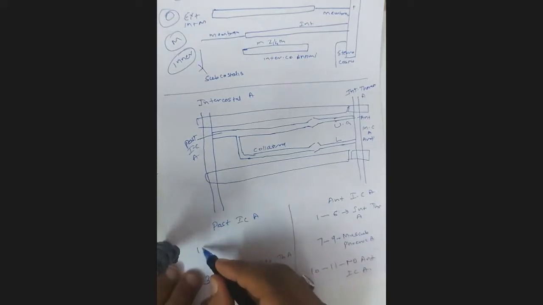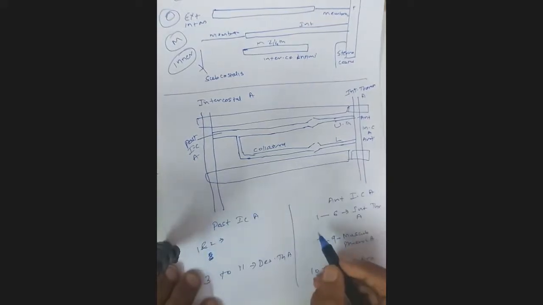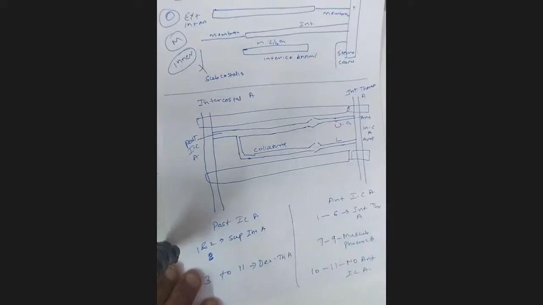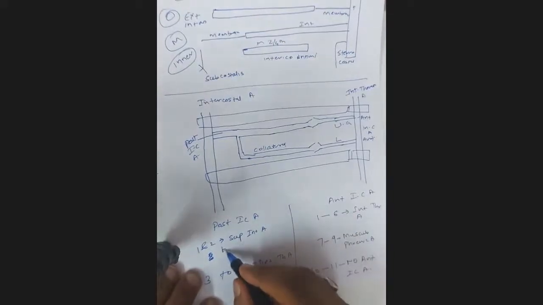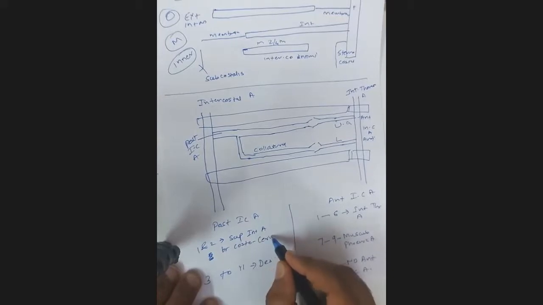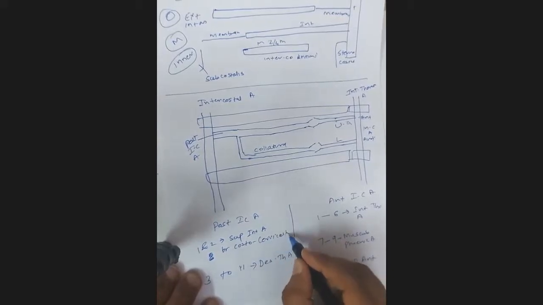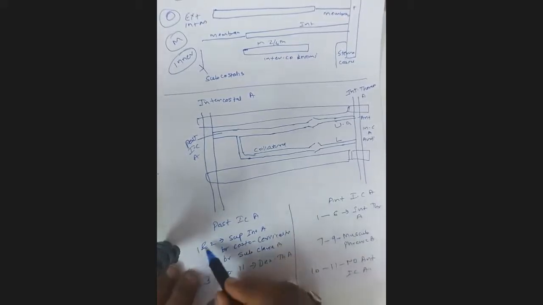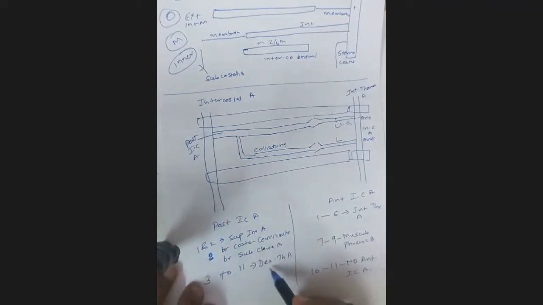And in spaces 1 and 2, the posterior intercostal artery is given by the superior intercostal artery, which is a branch of the costocervical trunk, which is a branch of the subclavian artery. So you have to remember that the posterior intercostal artery in spaces 3 to 11 is given by the descending thoracic aorta, and in 1 and 2 it is given by the superior intercostal artery, a branch of the costocervical trunk, which is a branch of the subclavian artery.